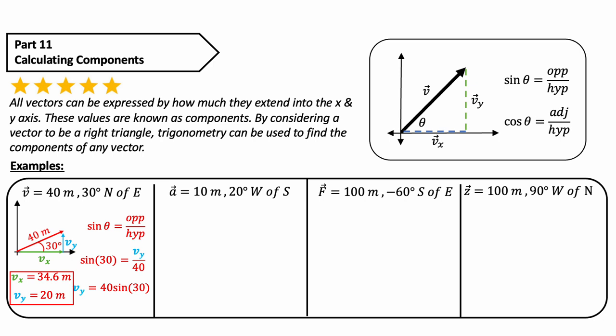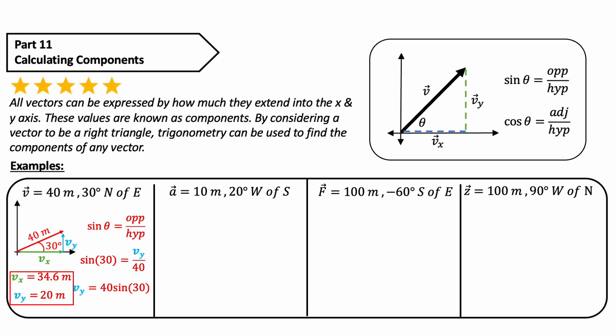We could get to the exact same position: instead of walking along the hypotenuse, at that angle, you could just walk 34.6 east and then turn and walk 20 meters north, and you'd get to the exact same spot. And that's really what components are. They're just along the axes, how far did we move to get to the same location.